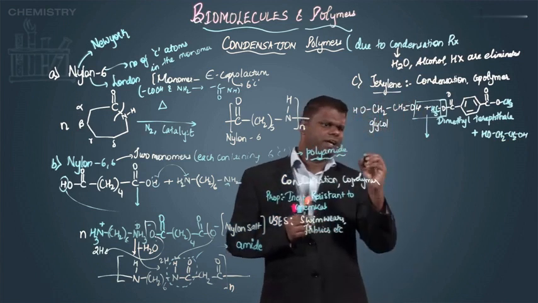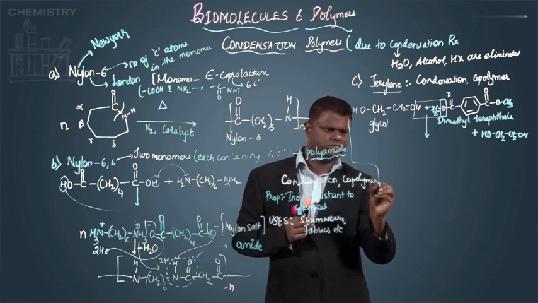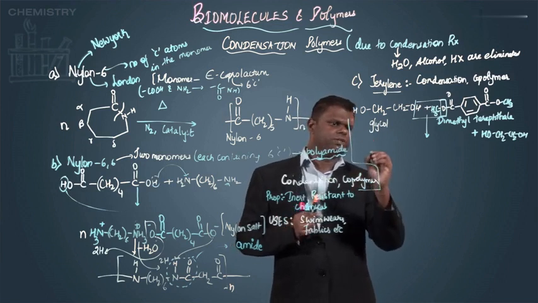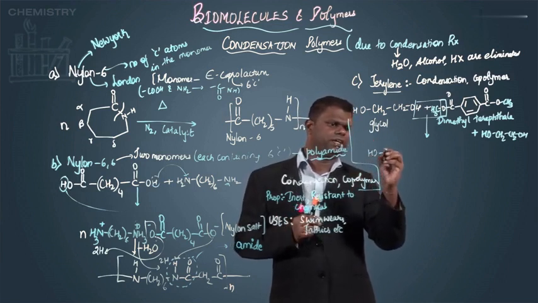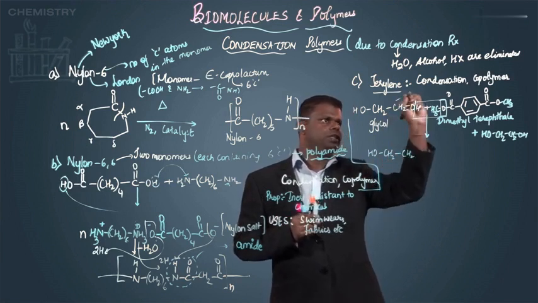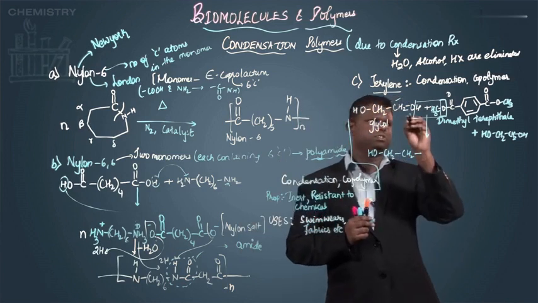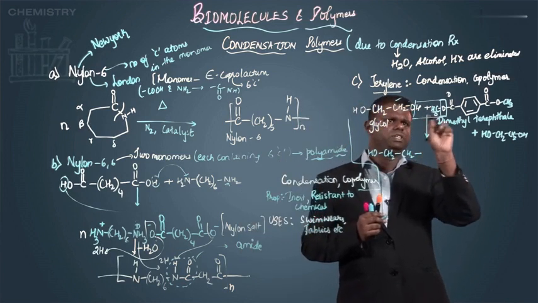So when this reaction takes place, I would just draw a dividing line here. So you have HO, this is connected to CH2, this is connected to CH2, and then you have the next fragment. So you have CH2, OH, and then CH3.